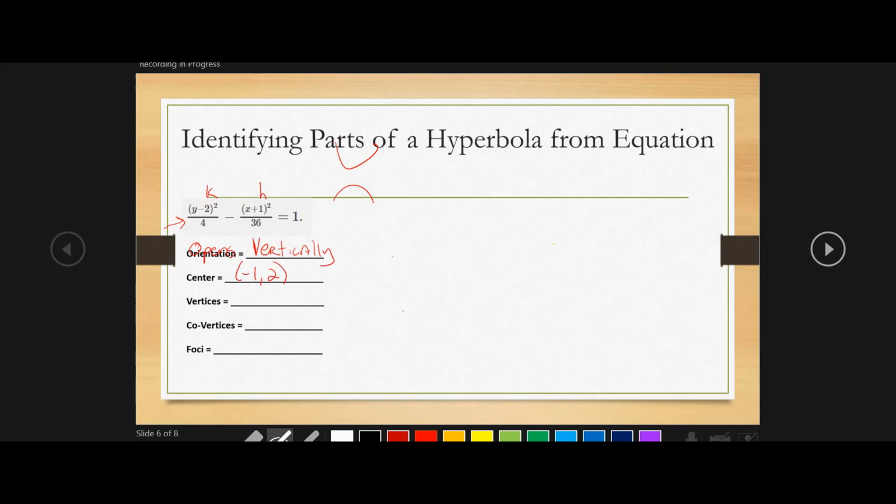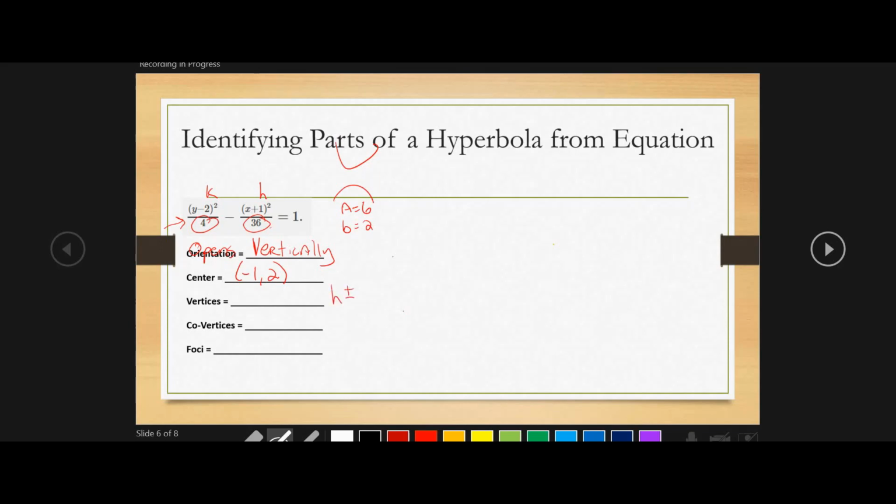Our vertices, again, A, this time is the first time we're seeing this. With the hyperbola, it's different from the ellipse. A is 6 and B is 2. But A is under the X, so it's going to affect the H value, the horizontal value.